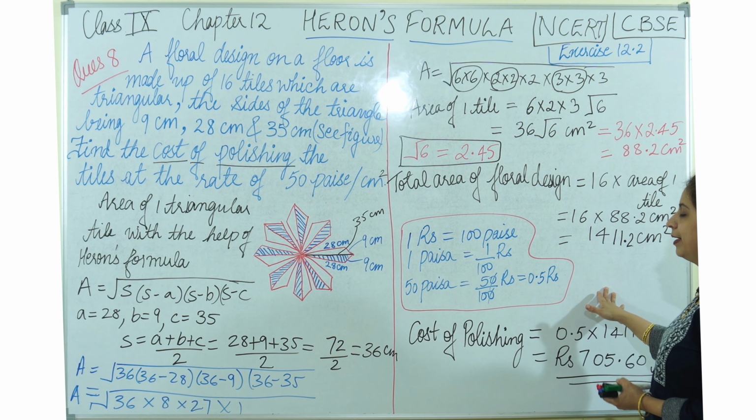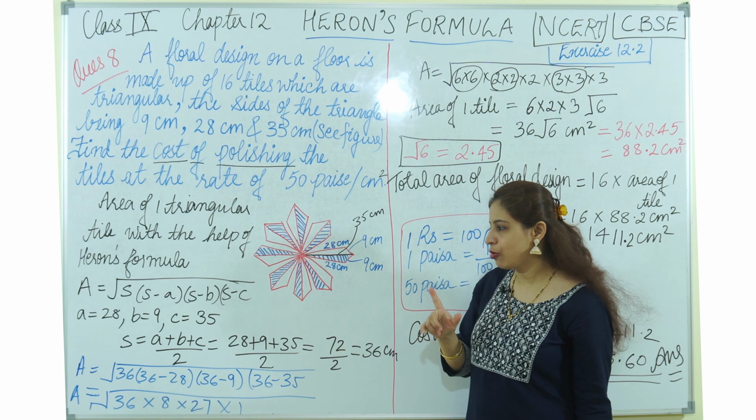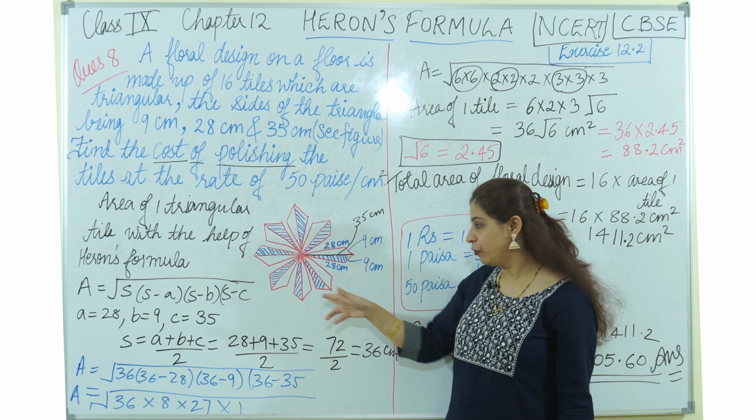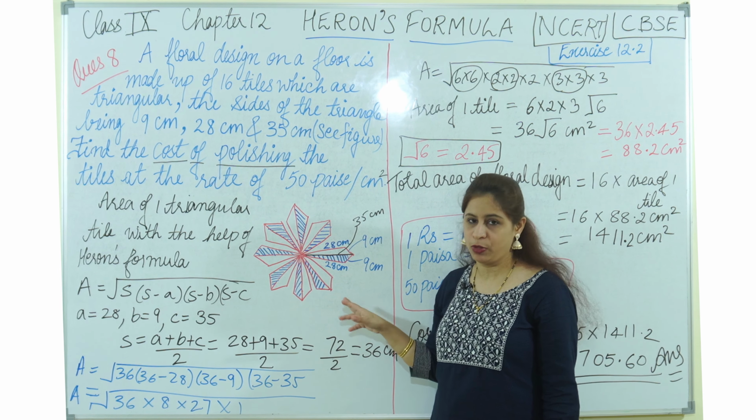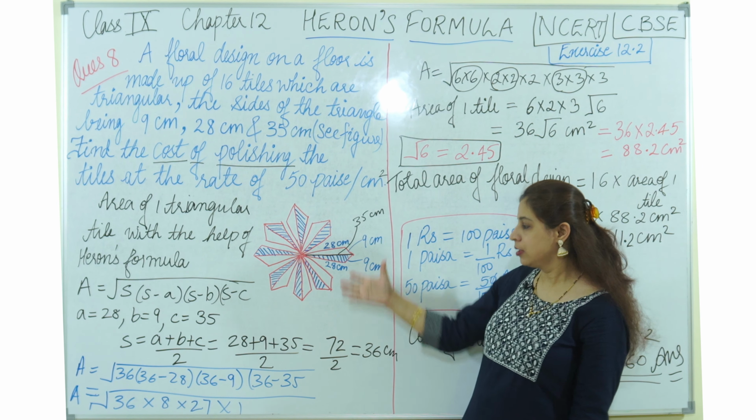So what we did basically, we found out the area of one triangle, and then we multiplied it by 16, because 16 triangular tiles are there in the floral design.